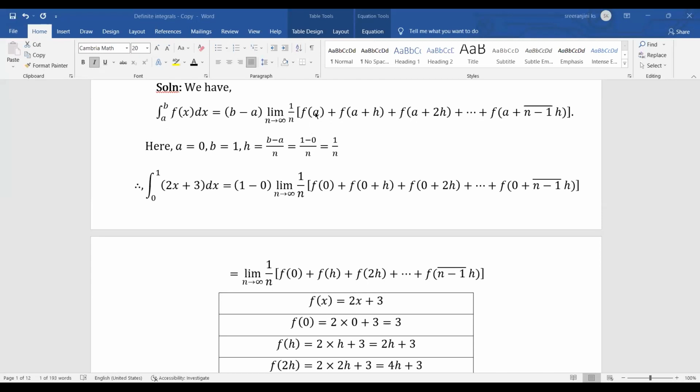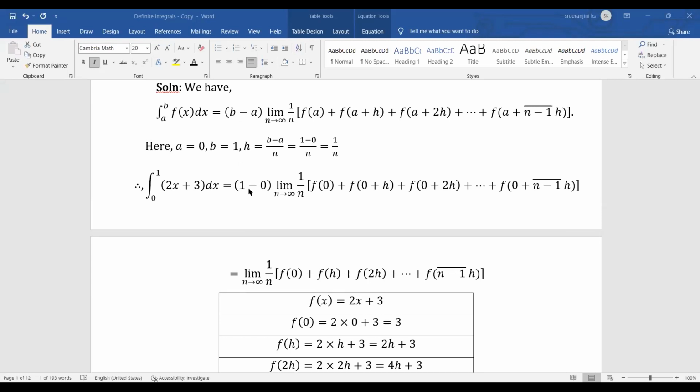Now, in this formula, we have to replace a by 0 because in the question, the lower bound is 0. And h is 1 by n, that we'll replace after completing the problem to avoid confusion.